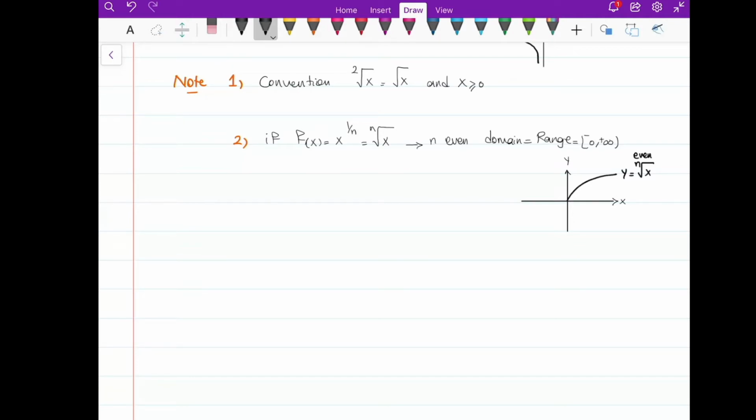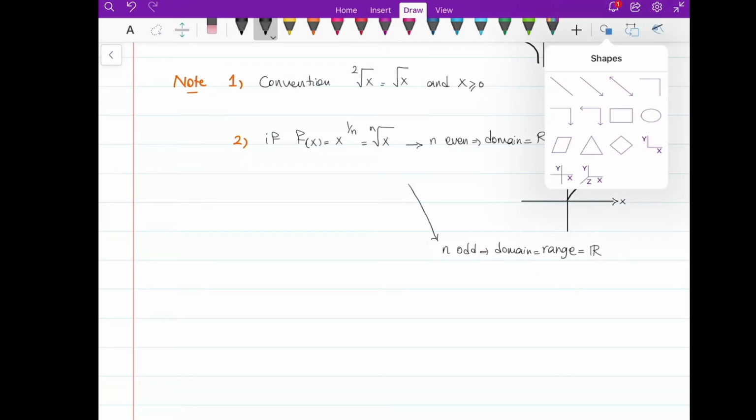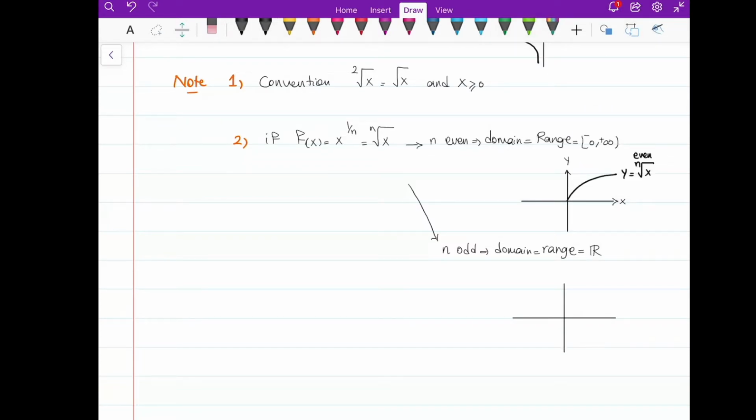Okay, now if n is odd, then the domain and the range of this function is all real numbers. That's interesting. This is the x-axis, this is the y-axis, and the graph of this function looks like this.